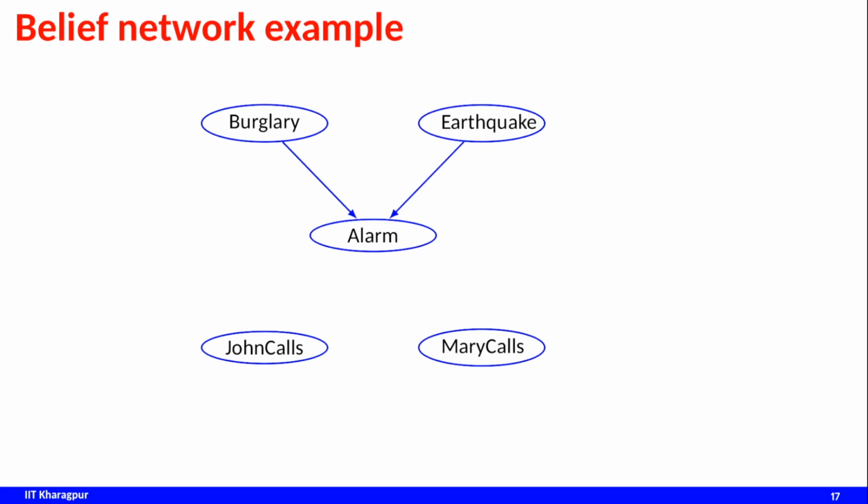If the alarm goes off, then John can actually call police. Also, Mary can actually call police. So we can construct the qualitative information in this manner. This basically represents some kind of dependency. If burglary happens, then the alarm can go off, and if the alarm goes off, then Mary can call.